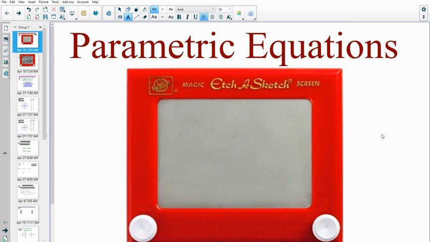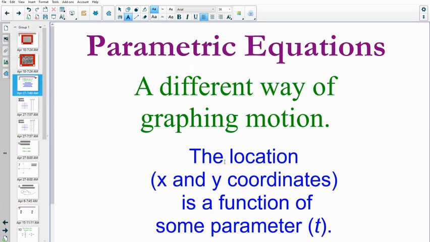But I think this is the best illustration of what we are doing when we have parametric equations. A parametric equation, or a parametric set of equations, which we'll see in just a moment, takes, well, maybe I'll put the definition up here first. Our location, the x and y coordinates of our location, are both functions of some other parameter, hence the name parametric equations.